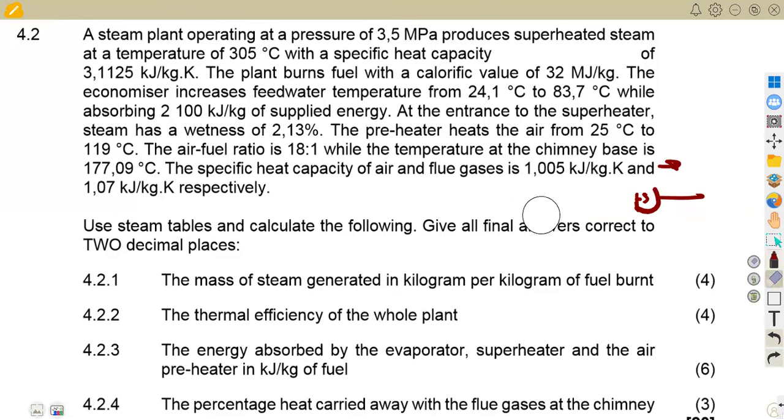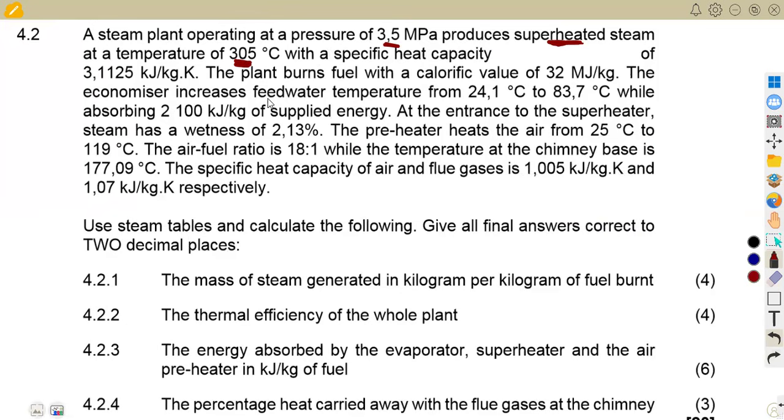That pressure does not change. I talked about this in our N5. And also the temperature, this is the temperature of the superheated steam. Remember, it produces superheated steam.